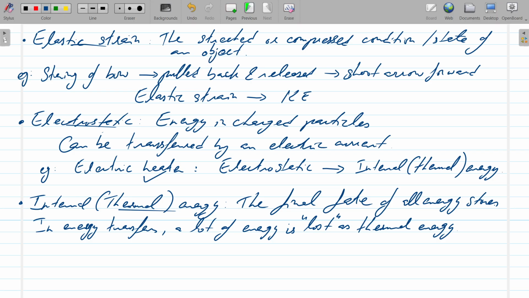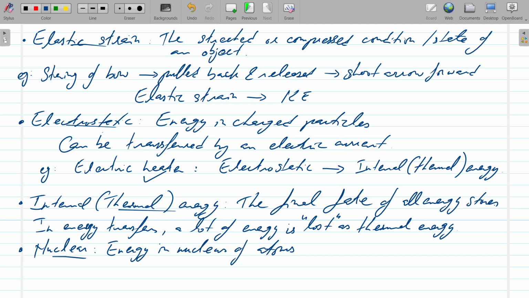All right, the final form of energy store mentioned is nuclear energy, and that is the energy inside the nucleus of an atom. Squeeze that in on this page. So nuclear energy in nucleus of atoms, and there's a lot of energy stored in the nucleus.